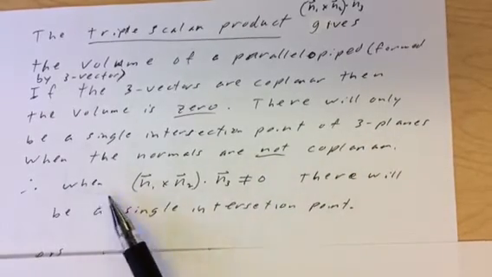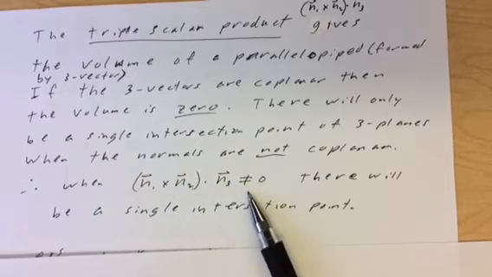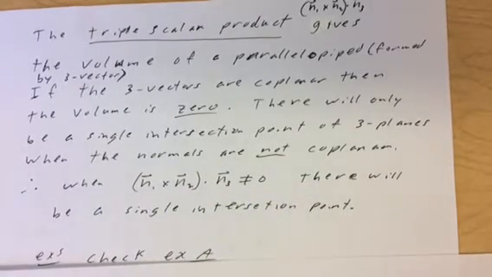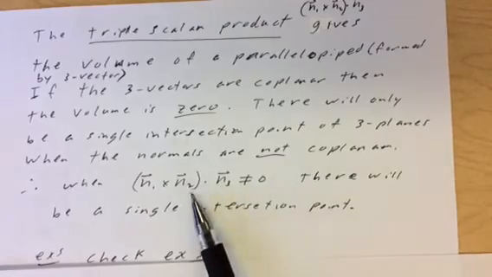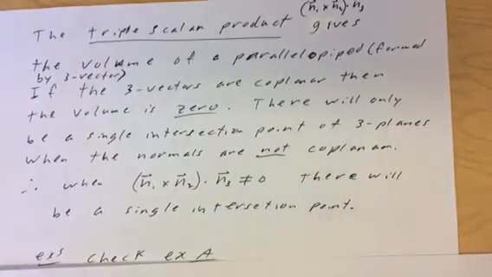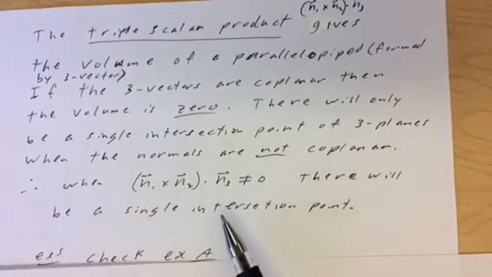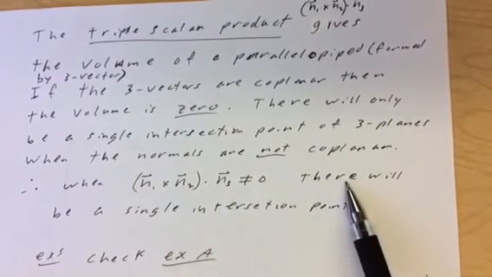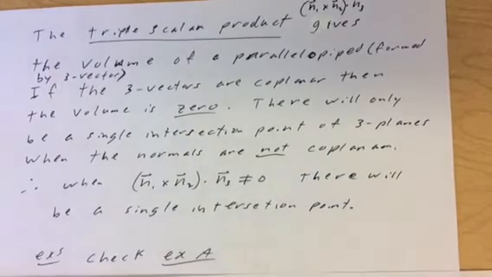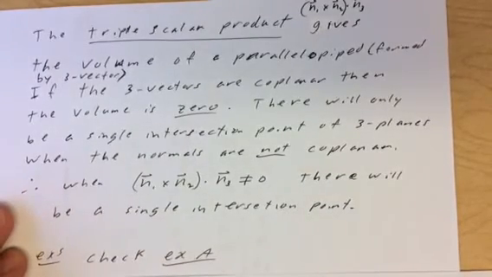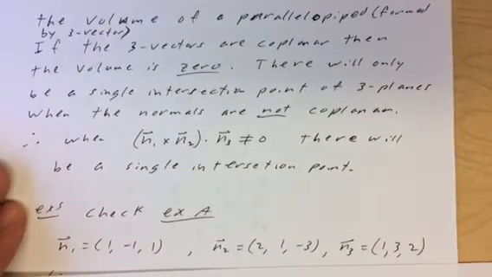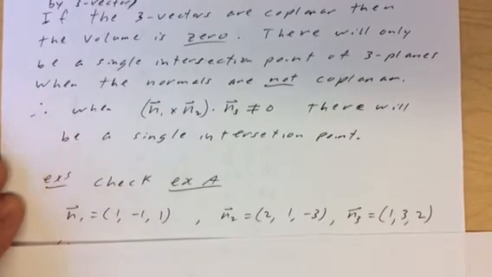So therefore, when the triple scalar product does not equal 0, there will be a single intersection point. So when the triple scalar product is not 0, there is a volume, and the normals are not coplanar. So that means you're going to get an intersection point. Okay, so we can check this with the example A that we did. In the last video we had example A, and we had these three normals here as our normals for those planes.